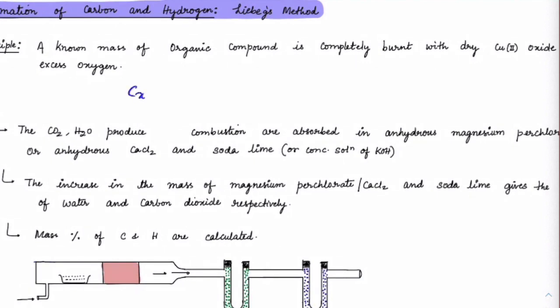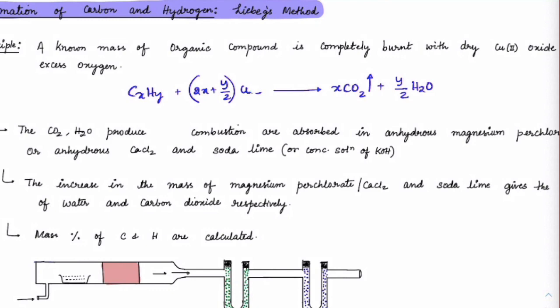We know that CxHy plus (2x + y/2) CuO, on reacting, might give us x moles of CO2 plus y/2 moles of H2O.